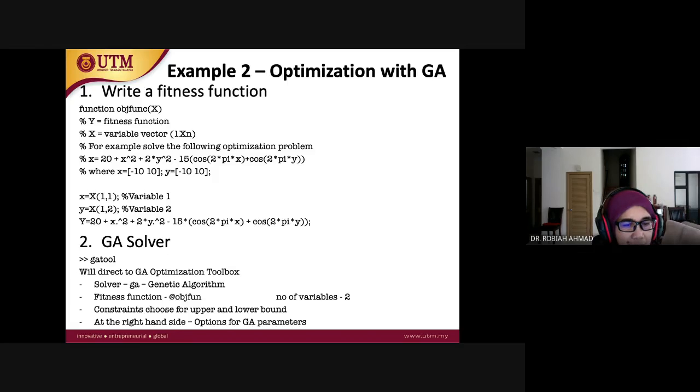We declare which one is which. The rest of the comments, you don't need to write.